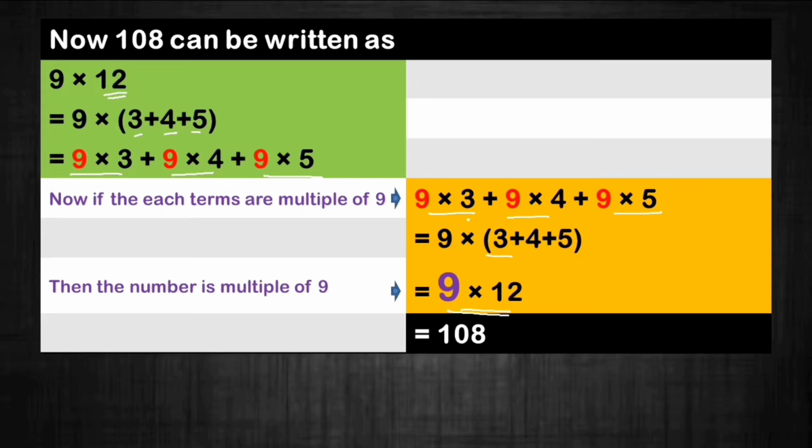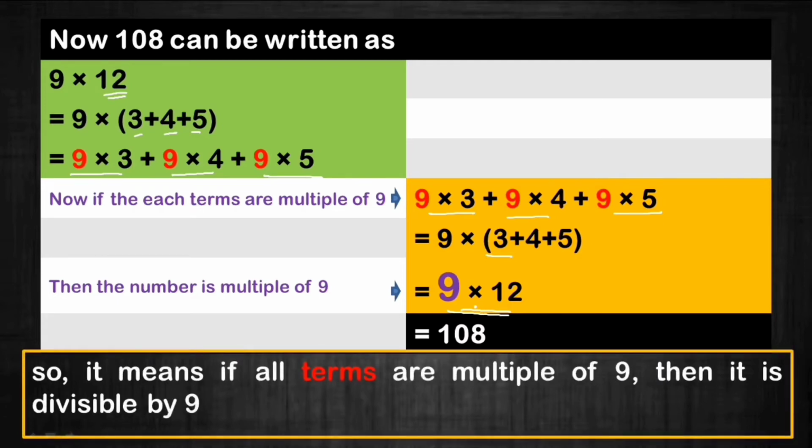So I can say if all the terms are multiples of 9, then that number is a multiple of 9. And if that number is a multiple of 9, then I can say it is divisible by 9.